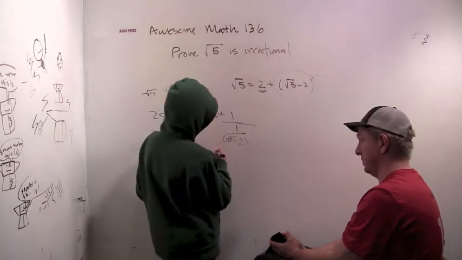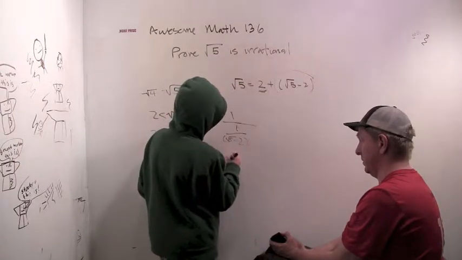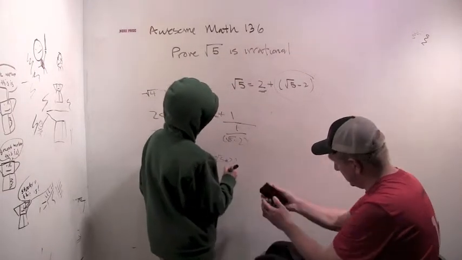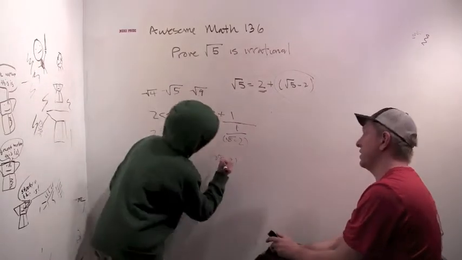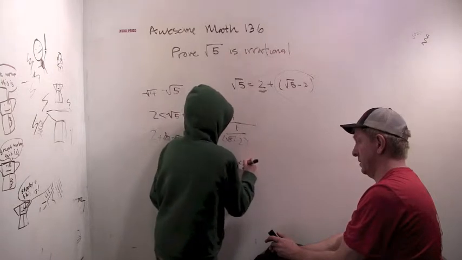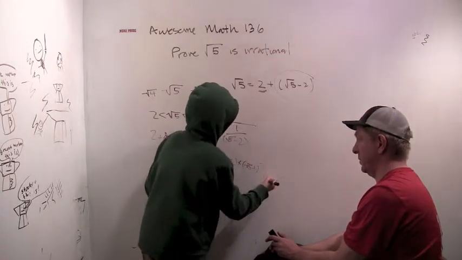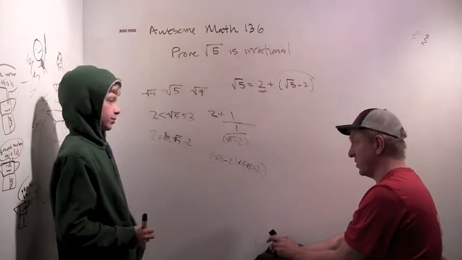So we have to figure out square root of 5 minus 2 times the square root of 5 plus 2. Interesting.